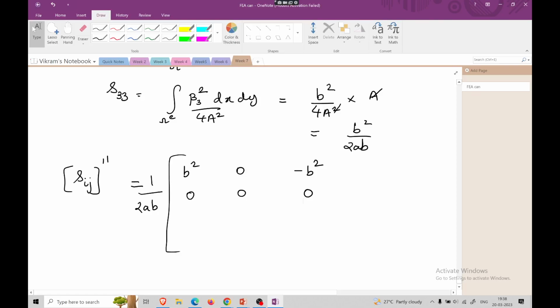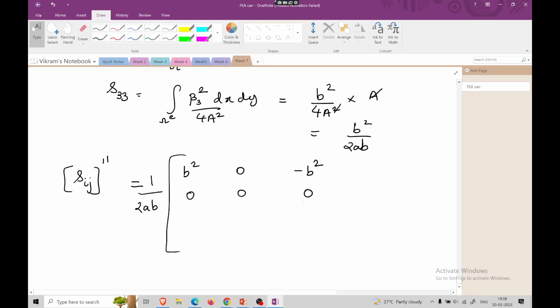Gamma 2 is minus of x3 minus x1, right? So that will be minus of 0 minus a, minus of minus a, which will be, sorry, this will be into plus a. So this will be minus a square by 2ab.